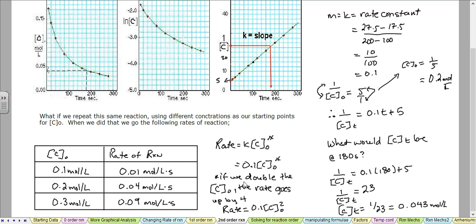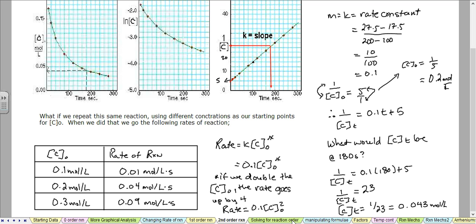Well, when I double something and the rate goes up by 4, then obviously I know that I need to put a 2 there. So in order to determine the rate of the reaction, I take my rate constant, which is 0.1, I multiply it by my initial concentration, and because it is a squared or second order reaction, I need to square that initial concentration.